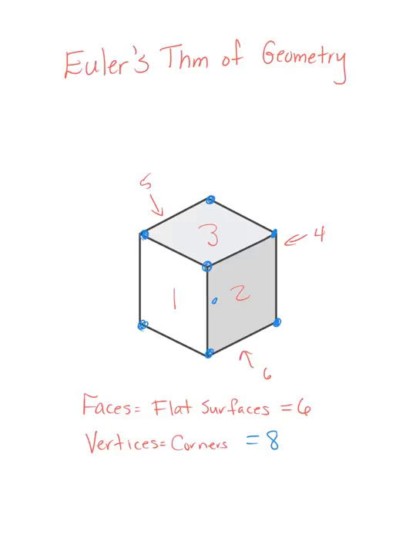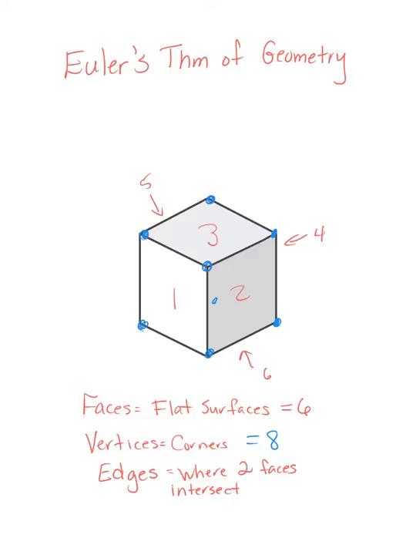And then we want to see how many edges we have. Now, edges are going to be where two faces come together. So why don't I try another color here? Let's go with the yellow.